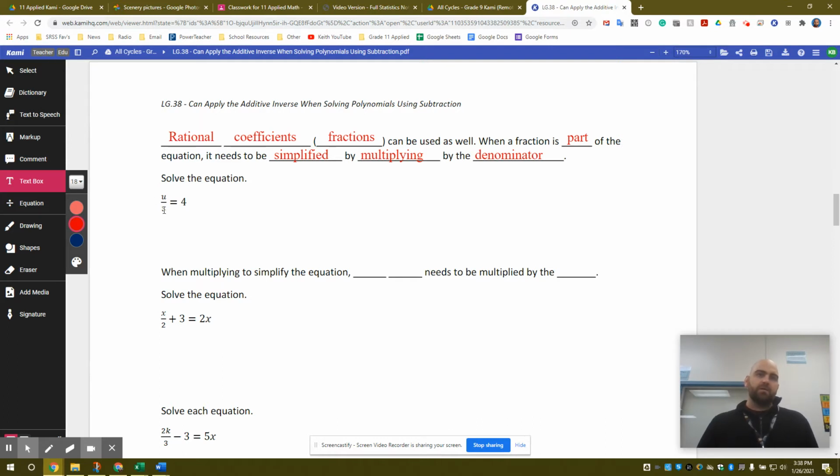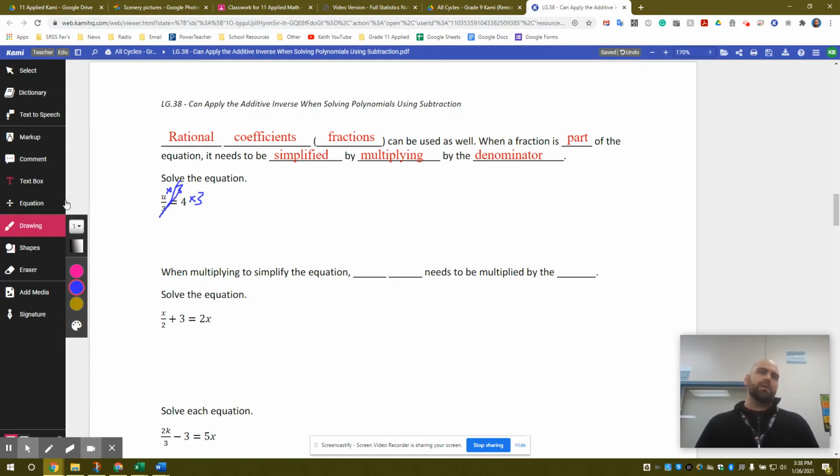So this first one here, we have u divided by 3. We want to get rid of that 3, which is in the denominator. So we need to multiply both sides, or every term, by 3. So we're going to multiply this term by 3, and we're going to multiply this term by 3, on both sides. These ones here are going to cancel out, because 3 divided by 3 is 1, so it becomes 1u.